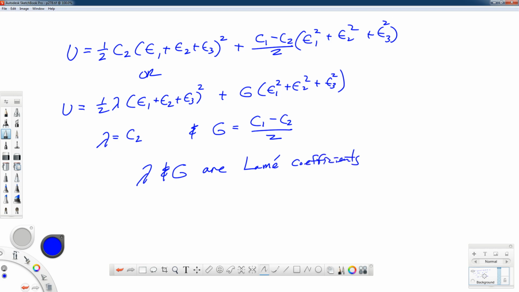Those are known as the Lamé coefficients, and these are the elastic constants for a material that is isotropic. But I think you get the idea here.